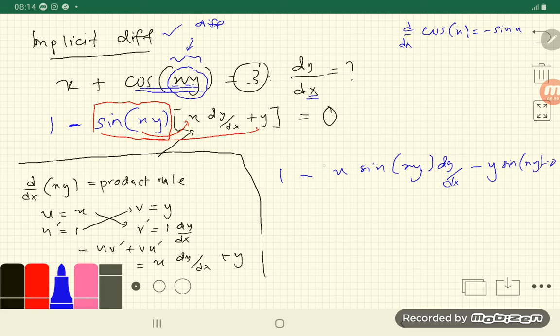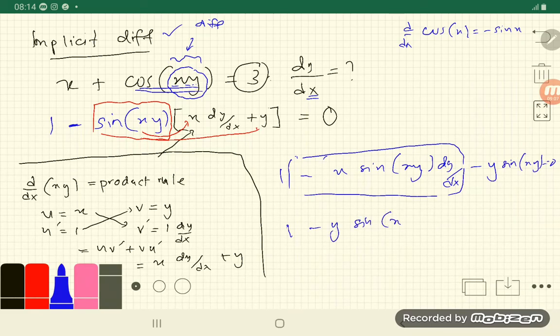Since we are going to find only dy dx, we are going to bring this part to the other side. So you are going to get here 1 minus y sine xy. This part you are going to bring to the other side, so it will become positive. So it will be x sine xy dy over dx.